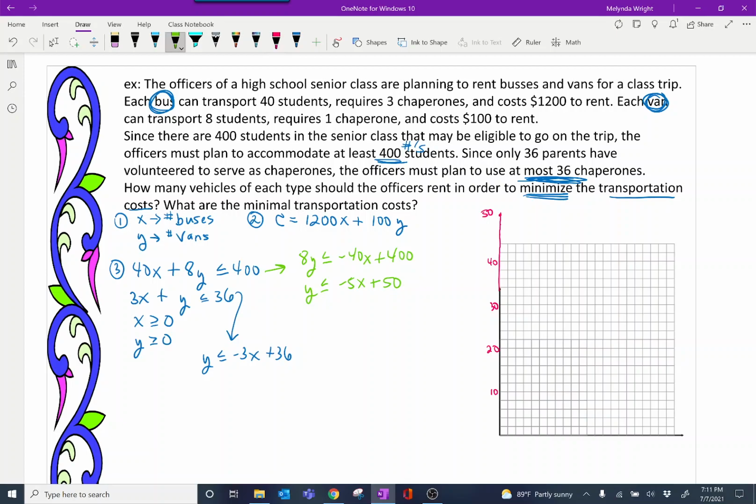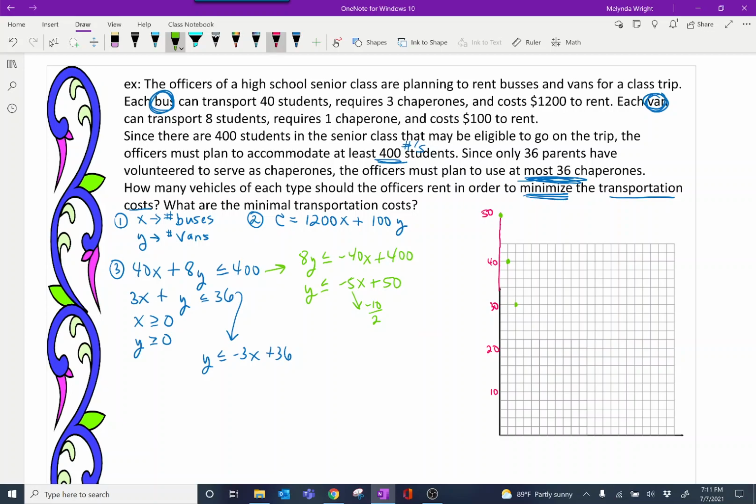So let's do the green one first. The y-intercept is at 50, right here. Now, these are in 2s, so why don't we take this slope and make it -10/2, so that'll be easier for us to count. So we're going to go down 10 and over 2.